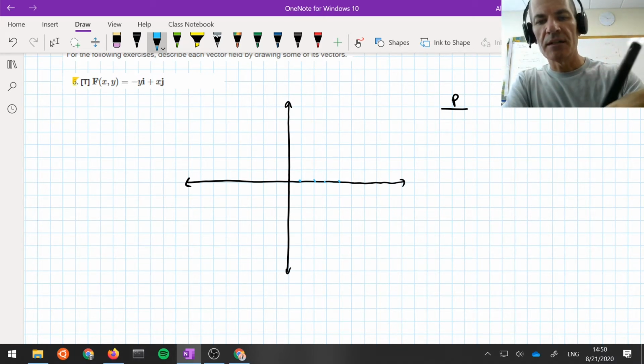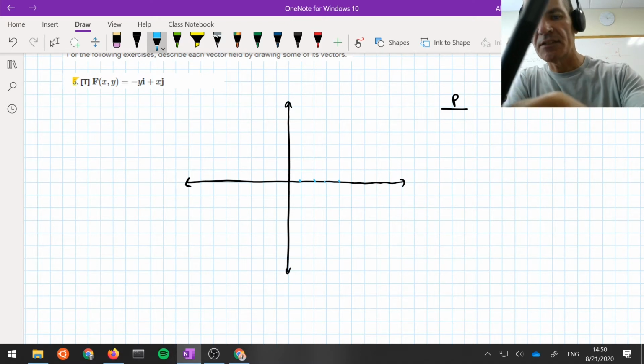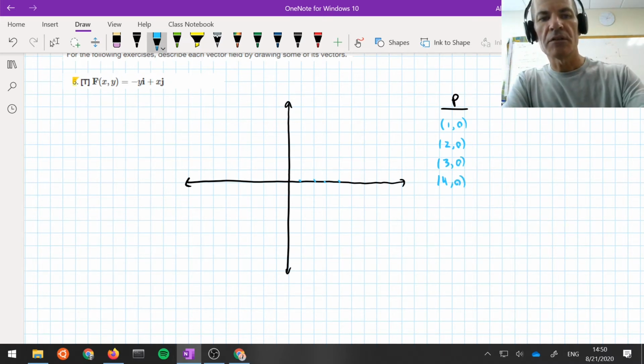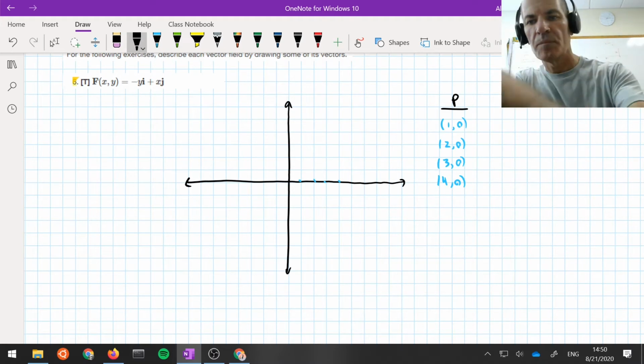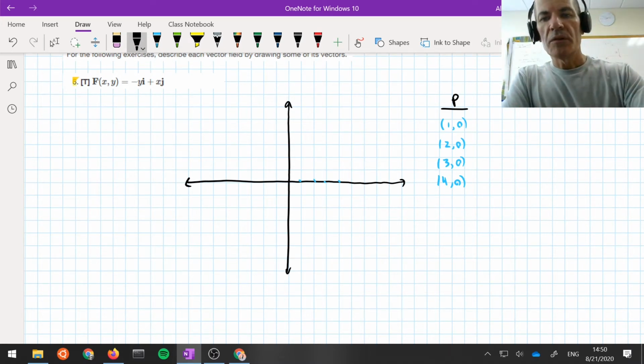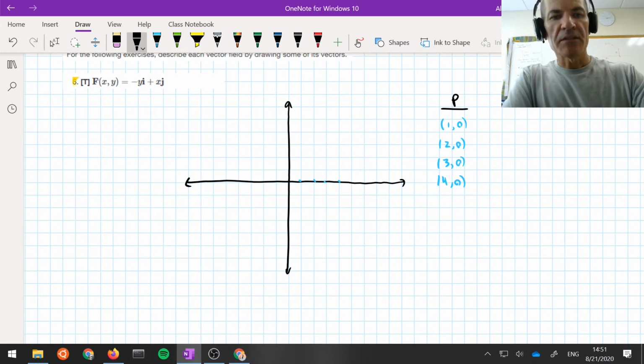So let's do this blue segment here. That's going to be 1, 0, 2, 0, 3, 0, and 4, 0. And we're going to plug those into the vector field. All right, if I plug 1, 0 into the vector field, that means x is 1 and y is 0.